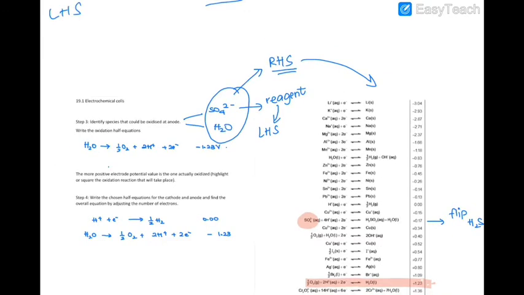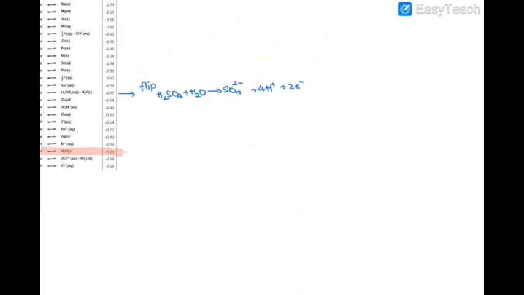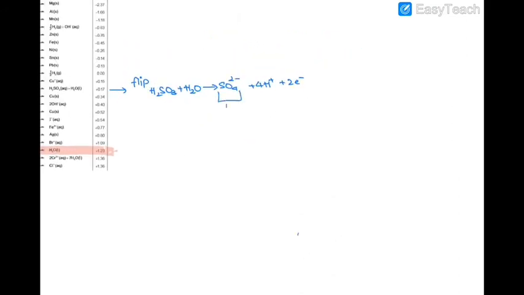Also, if we look at the oxidation state of sulfur in SO4 2 minus, sulfur is already in oxidation state +6, which is the highest oxidation state that sulfur can achieve. So we cannot oxidize this further.